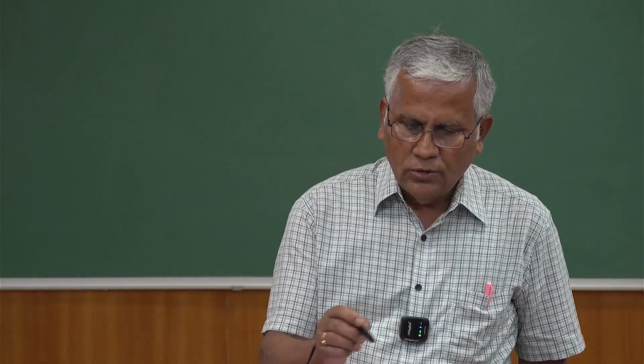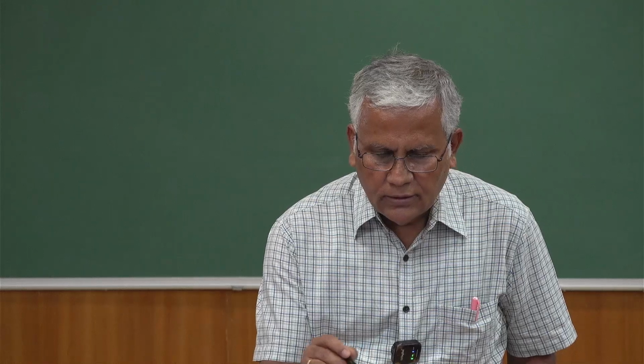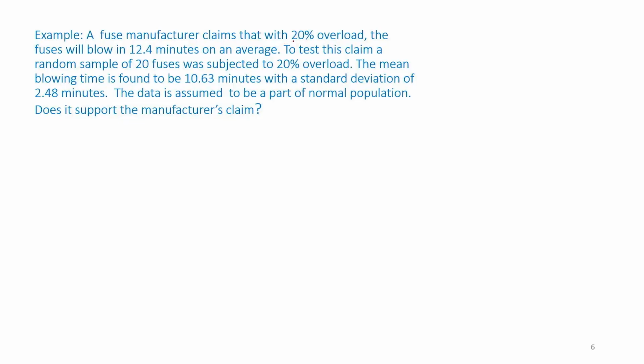Anyway, the manufacturer claimed that with 20% overload, the fuses will blow in 12.4 minutes on an average. To test this claim, a random sample of 20 fuses was subjected to 20% overload.